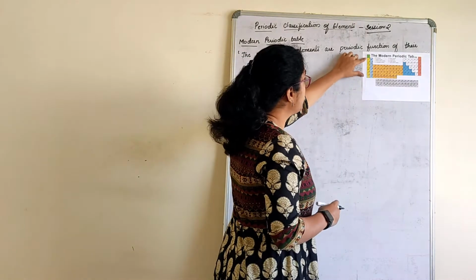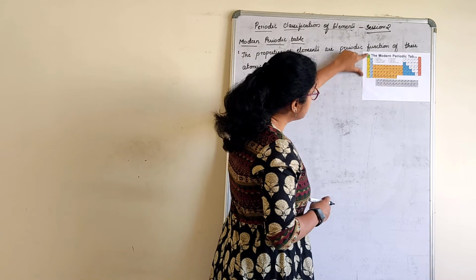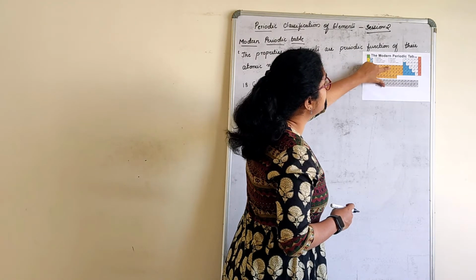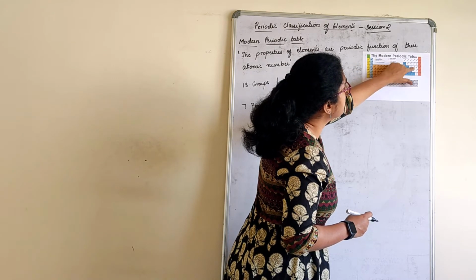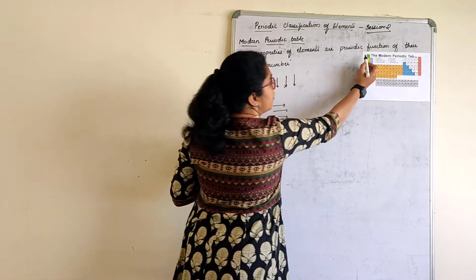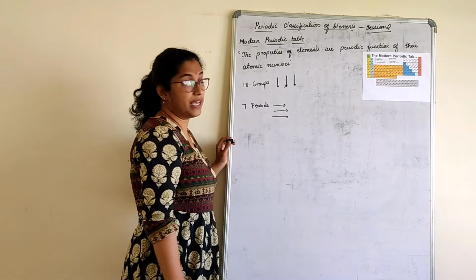This is the first group, second, third, fourth, fifth, sixth, 7, 8, 9, 10, 11, 12, 13, 14, 15, 16, 17, 18. Similarly we have 1, 2, 3, 4, 5, 6, 7 periods.